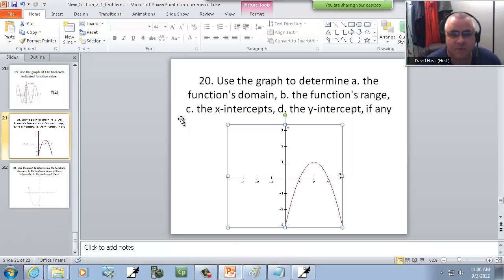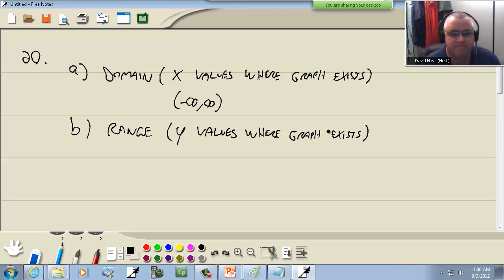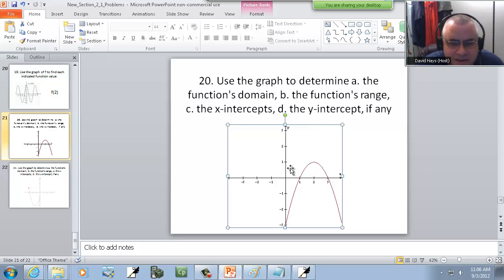Now, next thing it asks for is your range. This is the y values where the graph exists. Now look at this. I see my graph exists at y is equal to 1. I can go over and find my graph. But if I come up to y is equal to 2, I cannot go left or right and find my graph anywhere.